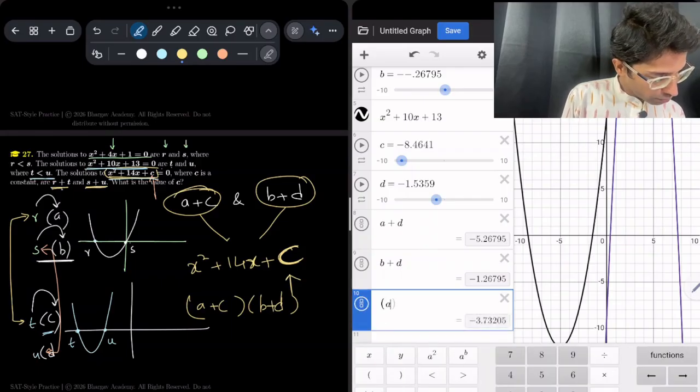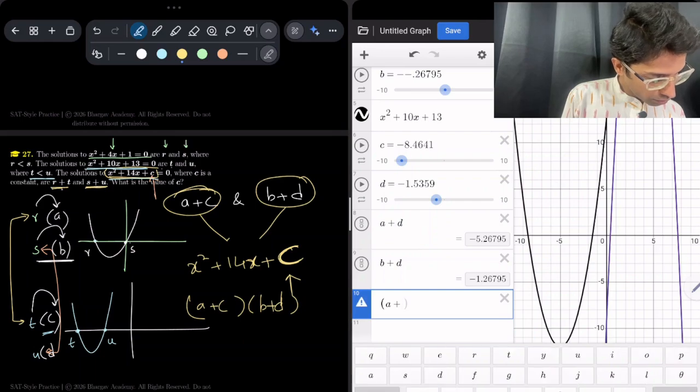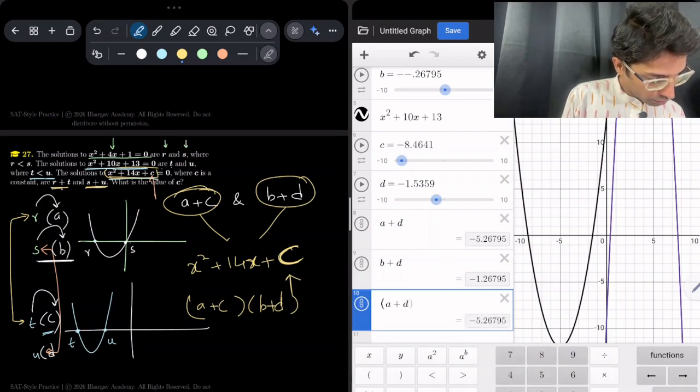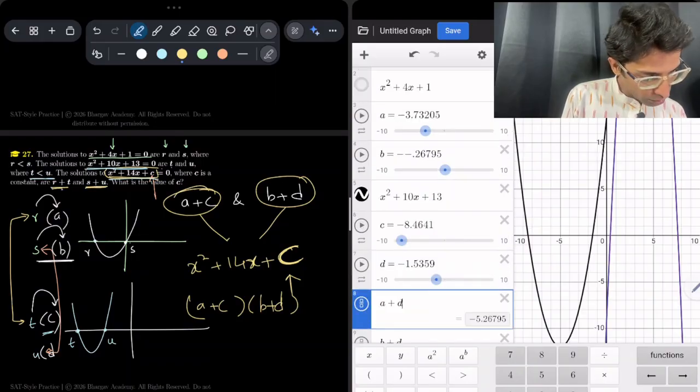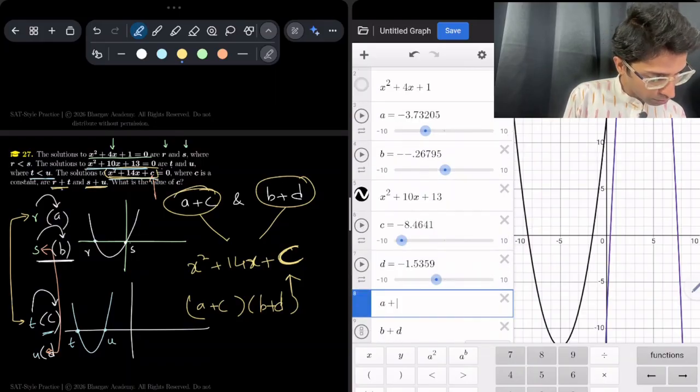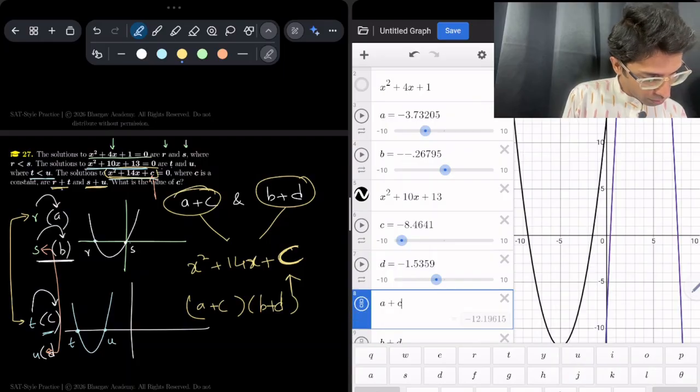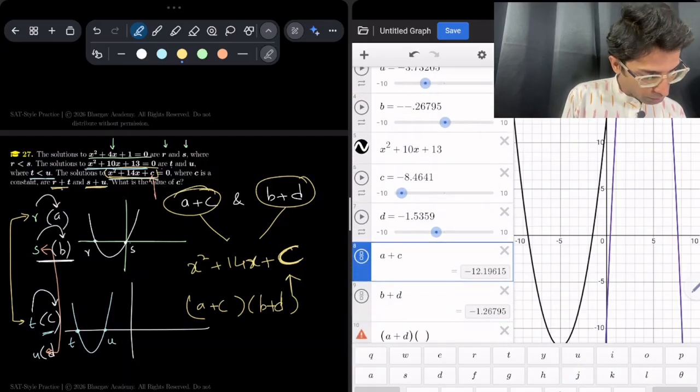So let me do that. A plus d multiplied by, sorry, this is a plus c. I'm sorry, this is a plus c. A plus c into b plus d. Yeah, that's correct.